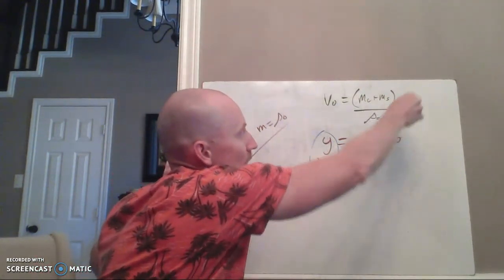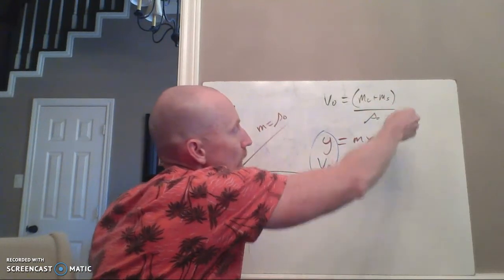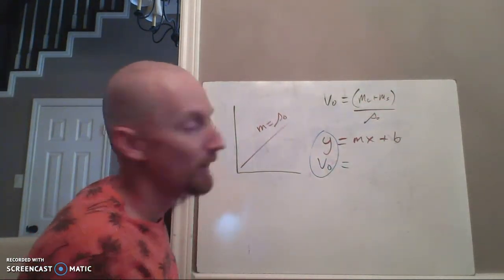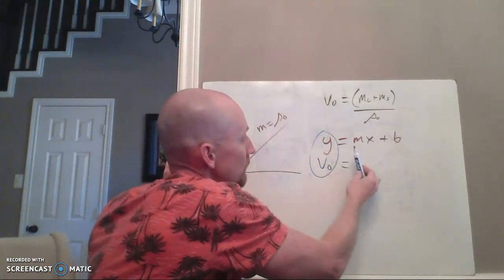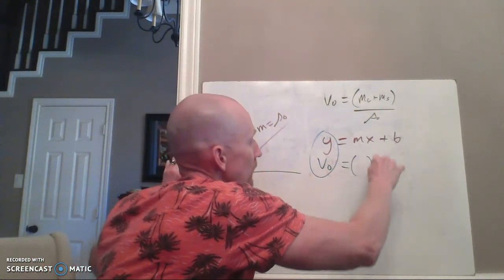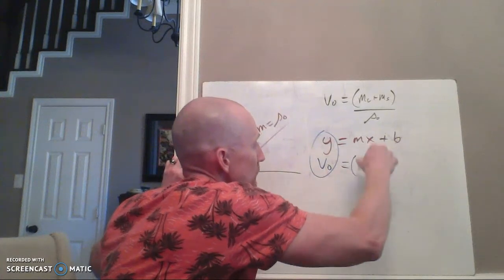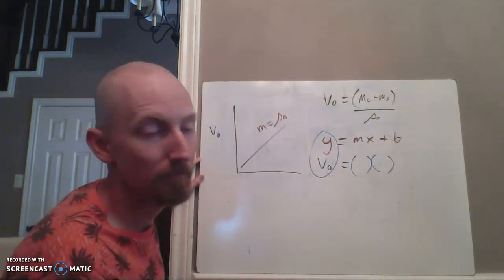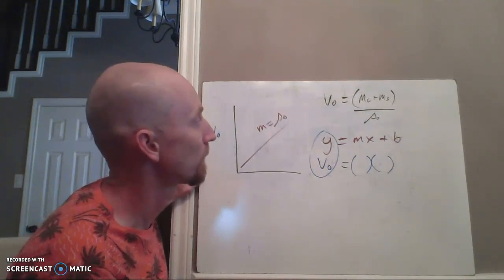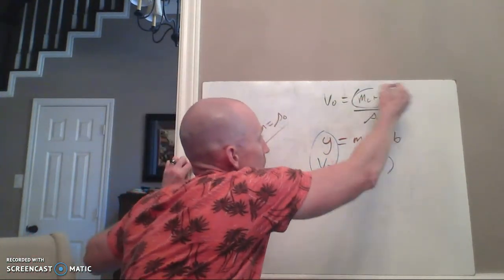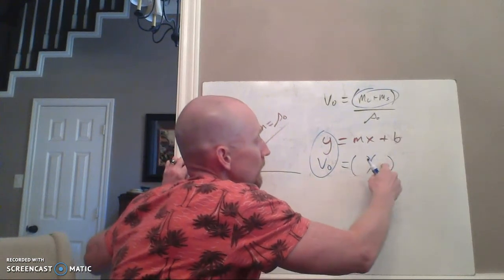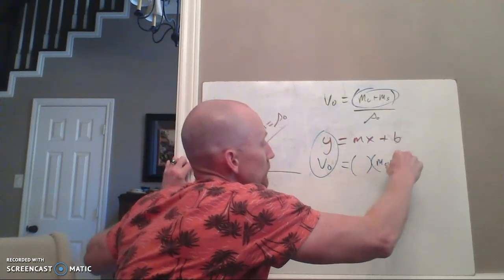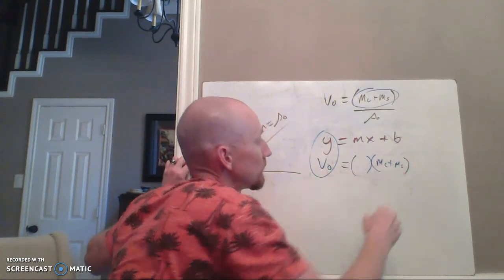This looks like all one thing, but how can I rewrite this to be two separate things? How can I take this and turn it into two separate things, an m and an x? This top part I can put here as my x. It can be M_C plus M_S.